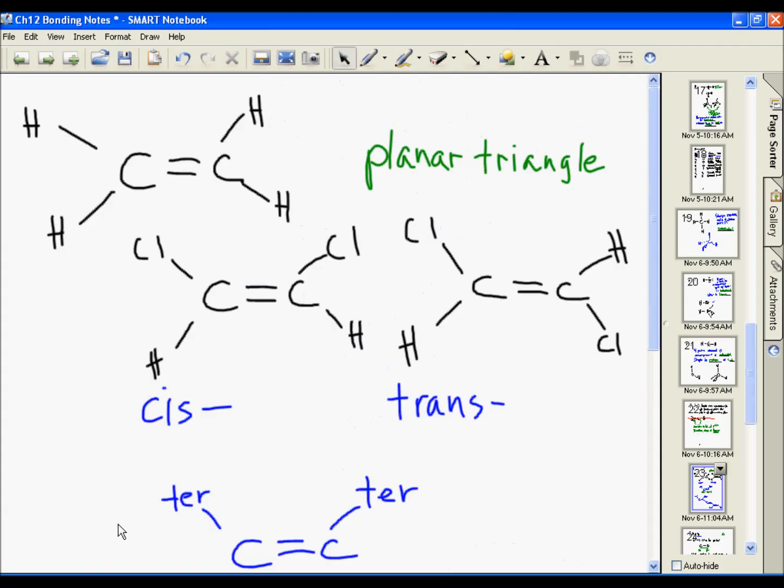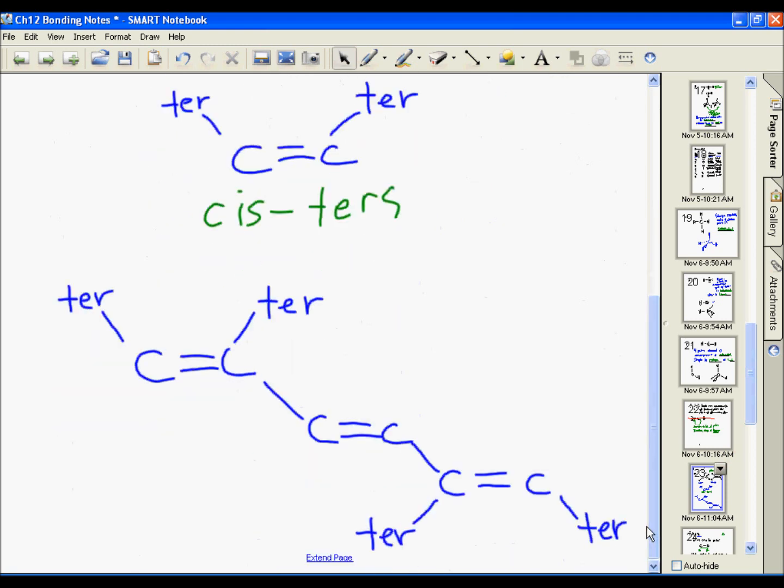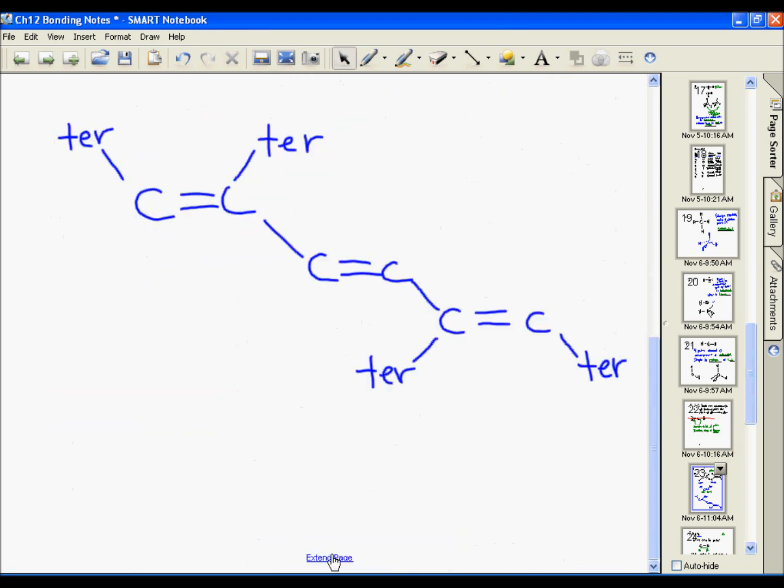The one down below, a lot of people don't get this joke anymore. This one, you have a sister and another sister, but they're on opposite sides of a double bond. Transistors. So they're transistors, right?